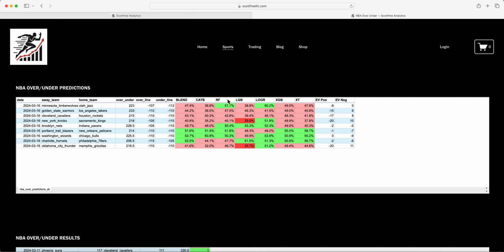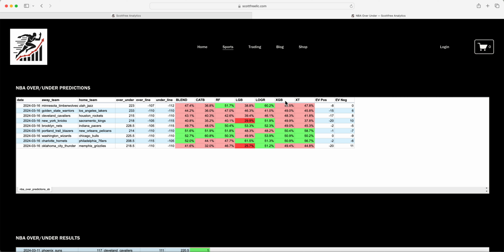RF is random forest. This uses a collection of decision trees. This LGB is like GBM. That's what's called a gradient boosting model. This is our what's called logistic regression. This is XGBoost.